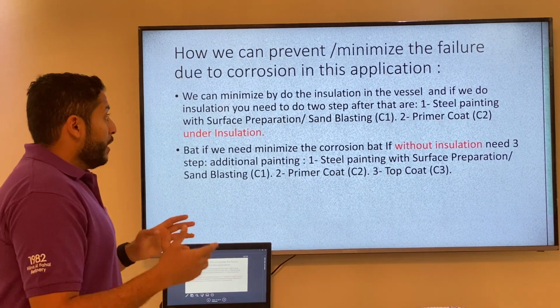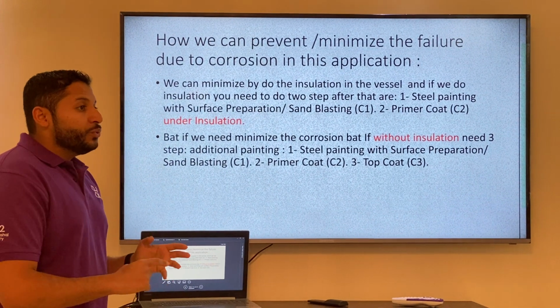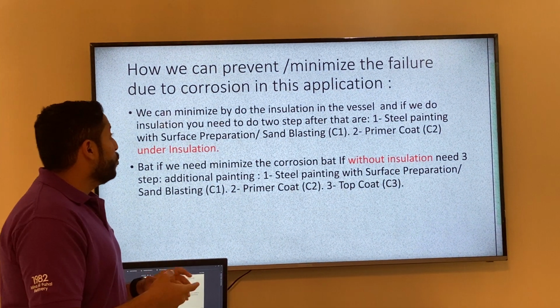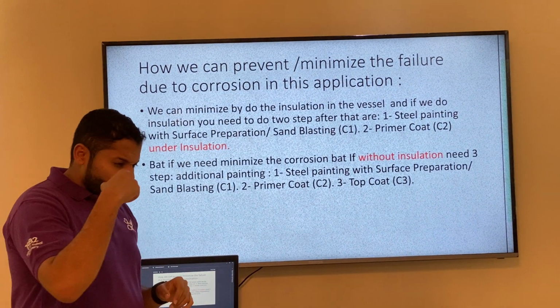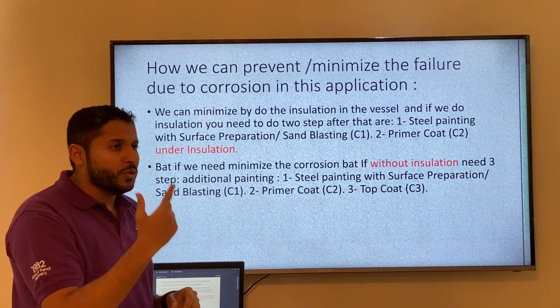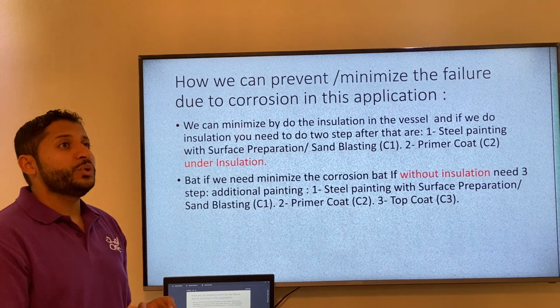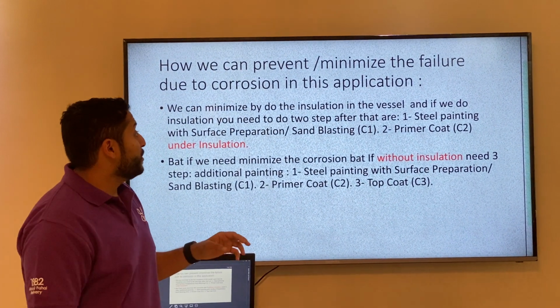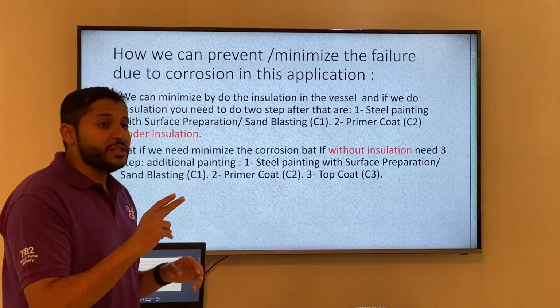Okay, from our side we can minimize the corrosion by insulation. This is the first and the best one. I know somebody will say, okay, insulation we use for heat release, for temperature. Yes, for temperature and for the corrosion. But we need to know there are two more things if you use the insulation.